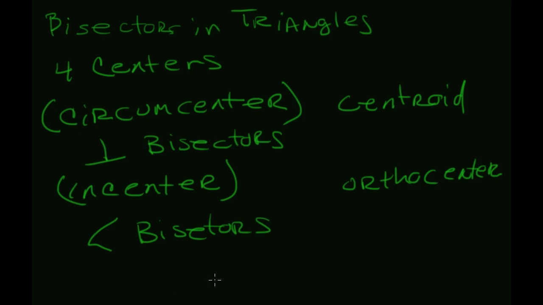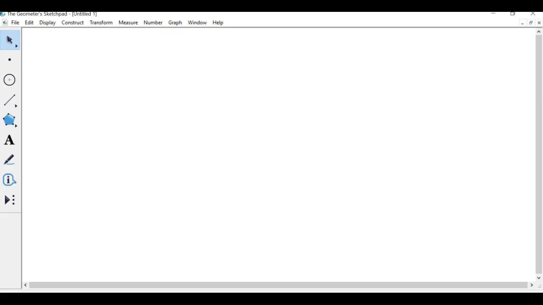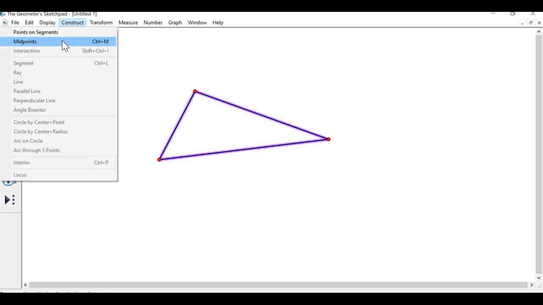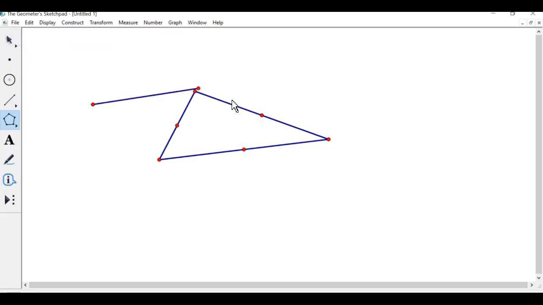Okay, so I'm going to move over to Geometry Sketchpad and give you a chance to see what this looks like and why they are important. Right now I'm in Sketchpad and I'm going to build a triangle. Given the three sides, I'm going to construct all their midpoints.